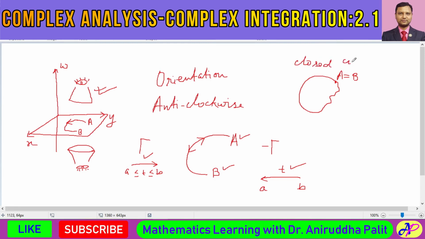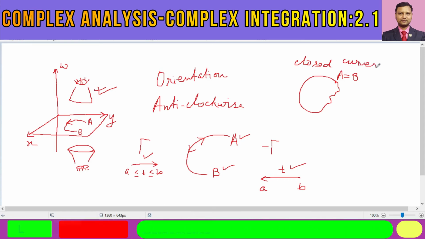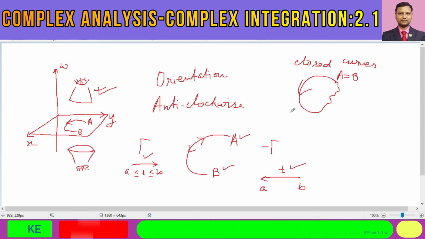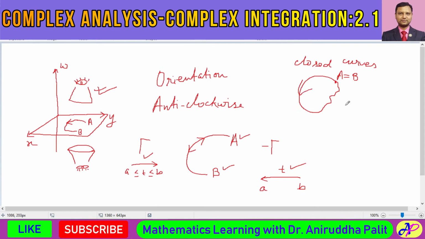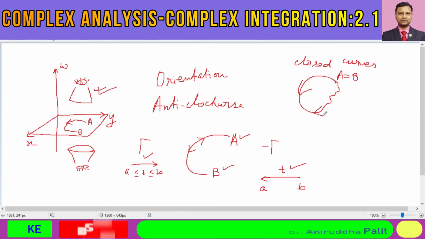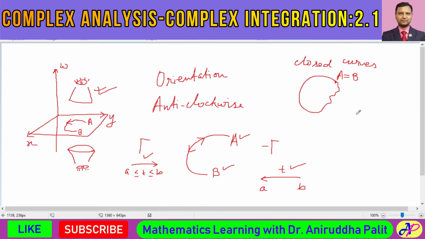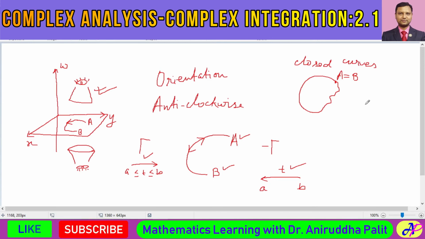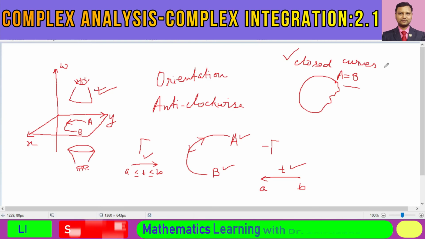A closed curve may have anti-clockwise orientation or clockwise orientation. It depends upon the observer, from which direction one is looking at the curve, from the upper side or from the lower side. Anyway, if A is equal to B, then such curves will be designated as closed curves.